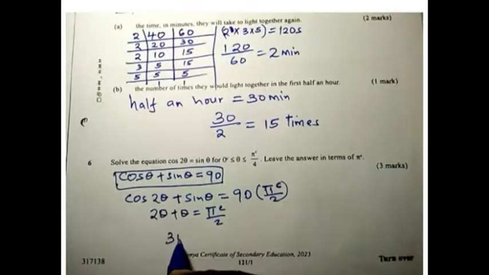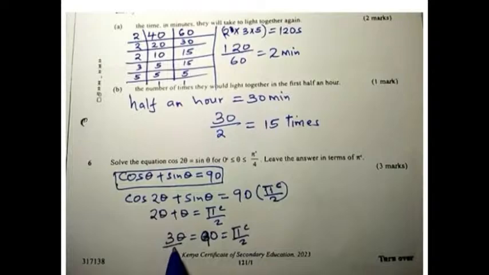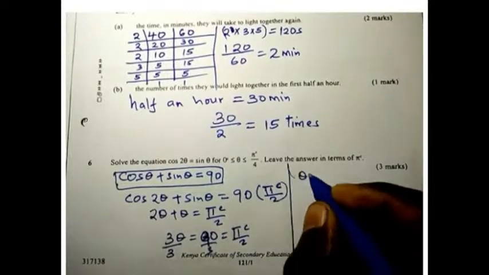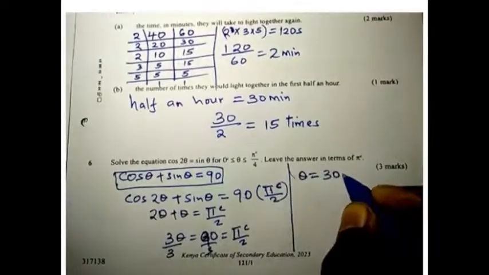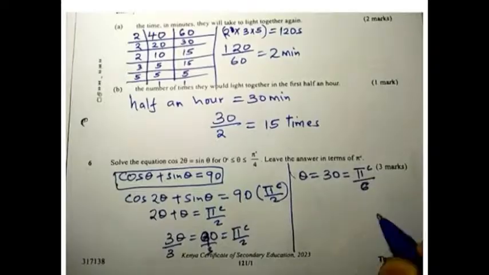So 3 theta is equal to 90, which is equal to pi over 2. So we want the theta. So theta itself is equal to 30, and 30 is the same as pi divided by 6.